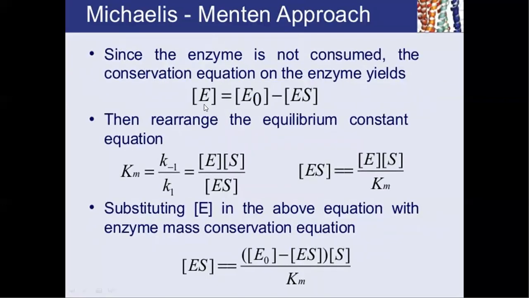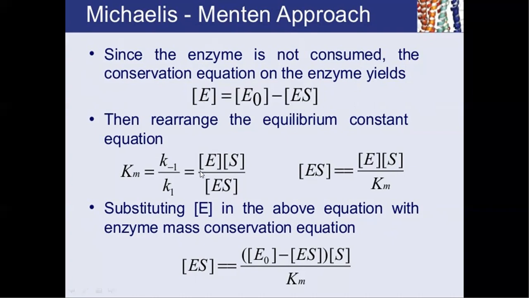In this step, E equals E naught, where E naught is the overall or total enzyme concentration present in the catalysis process, minus ES, the enzyme substrate complex. So that means E is E naught minus ES. This value we are substituting at this position.